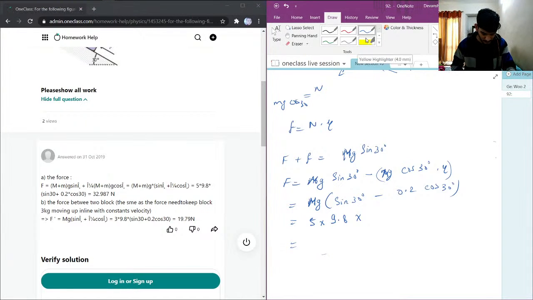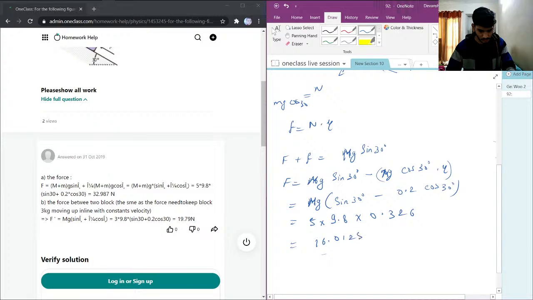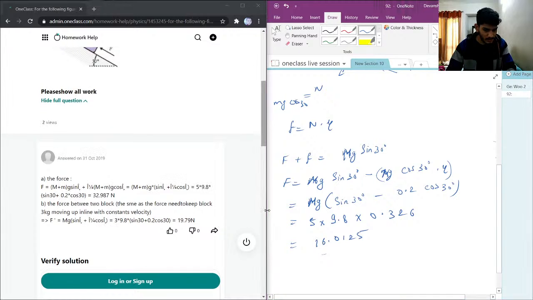This was minus 0.5, 0.2 into cosine of 30. This will be 0.32. Then multiplied by 5 and then 9.8. Hope I was correct previously. 0.125. Okay, now I see.